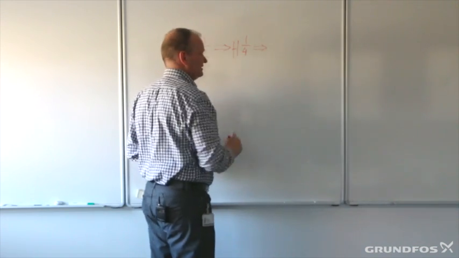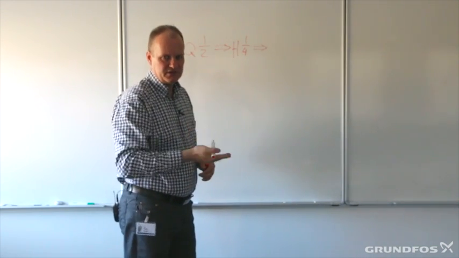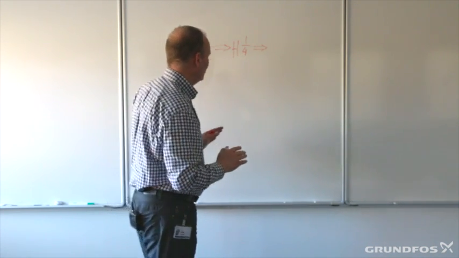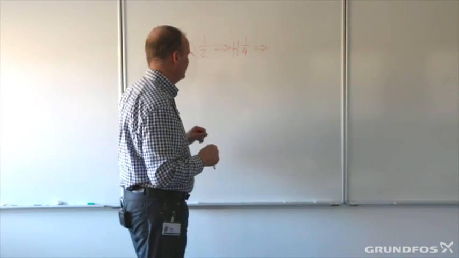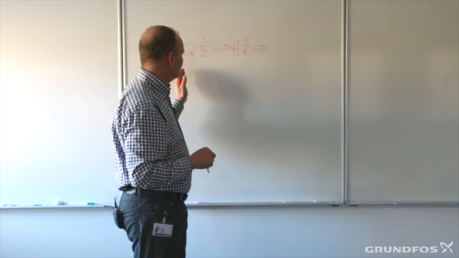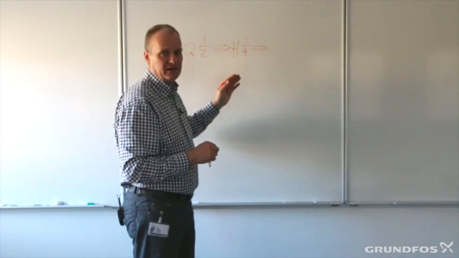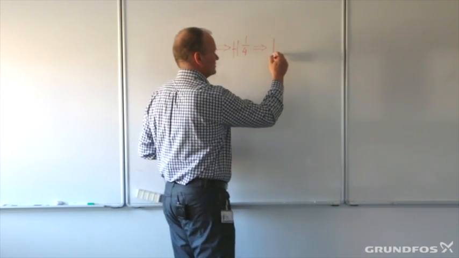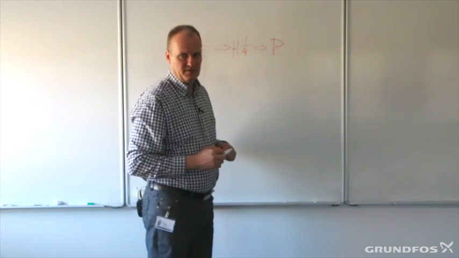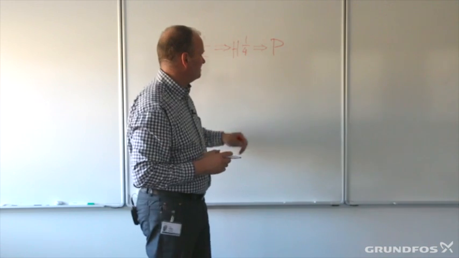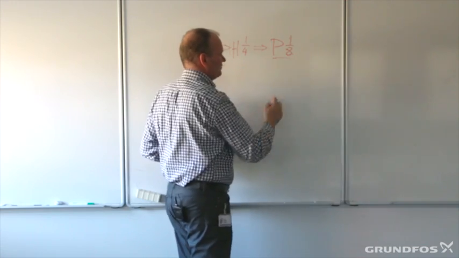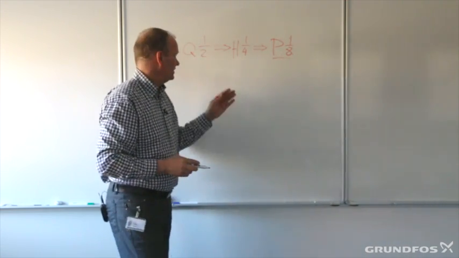And that is exactly what the system characteristic will tell us that it should be. So we are not underperforming at any point. But what is really important and interesting to know is that when it comes to power consumption for the pump, illustrated by this P here, it will drop to 1/8 of what it was initially.